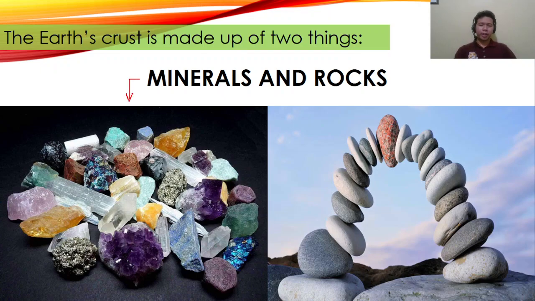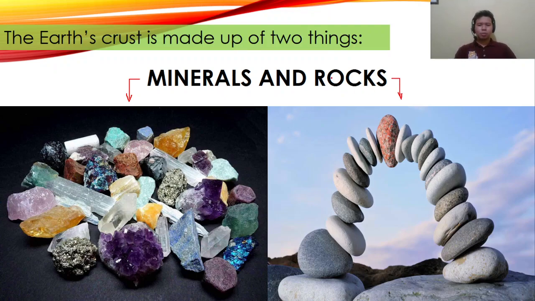They are quite shiny, colorful, and usually harder than the rocks, while rocks are more dull in color, and they are mixtures of different types of minerals plus organic compounds plus other substances, such as debris of a weathered rock, such as the broken substances of an old rock or mineral as well.